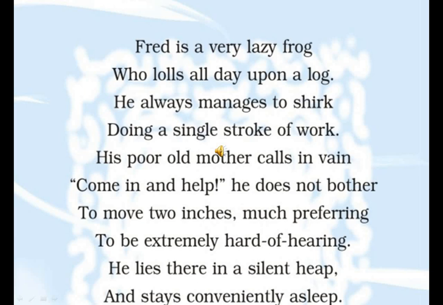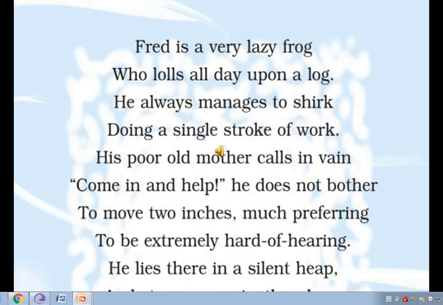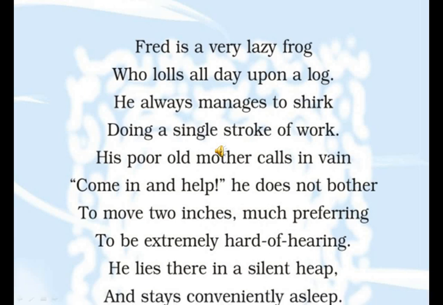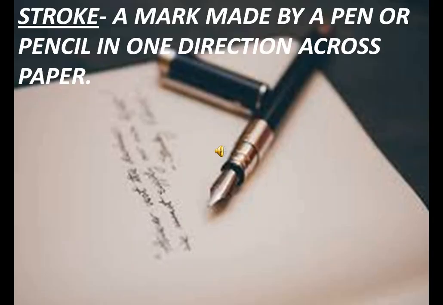He always manages to shirk doing a single stroke of work. So just by reading these two lines, you can easily understand that Fred is somebody who doesn't want to work. Yes, because even doing a single stroke of work is something that makes him shirk. Okay, let us see what stroke exactly is. A stroke is a mark made by a pen or pencil in one direction across paper.